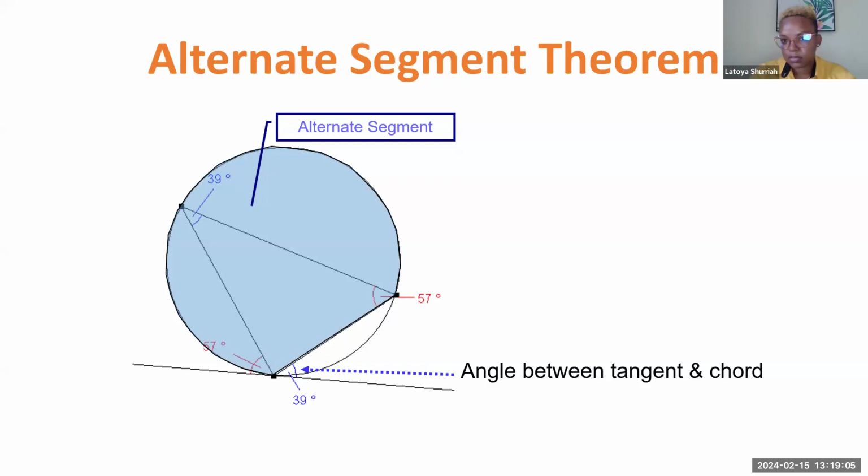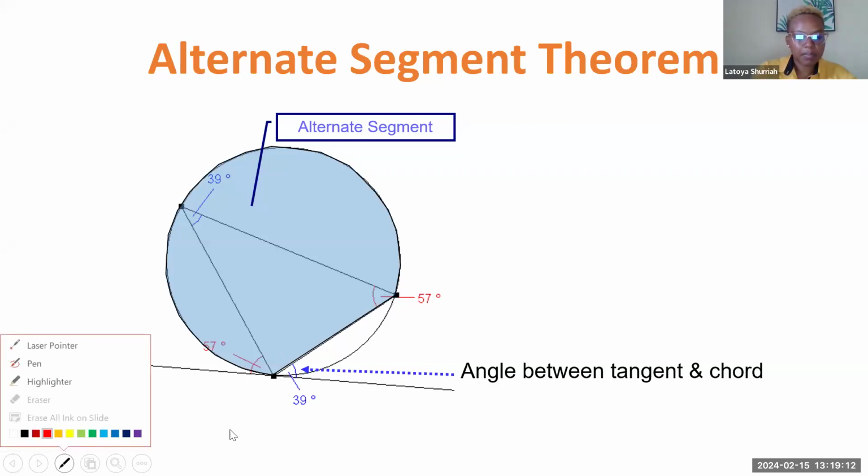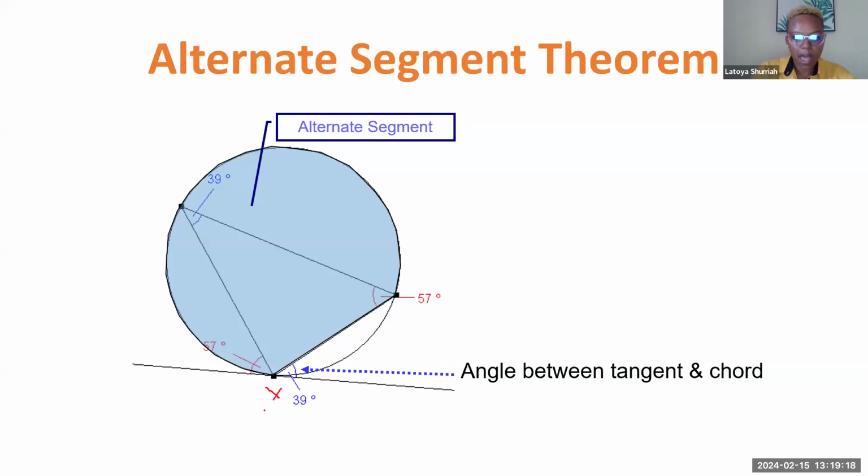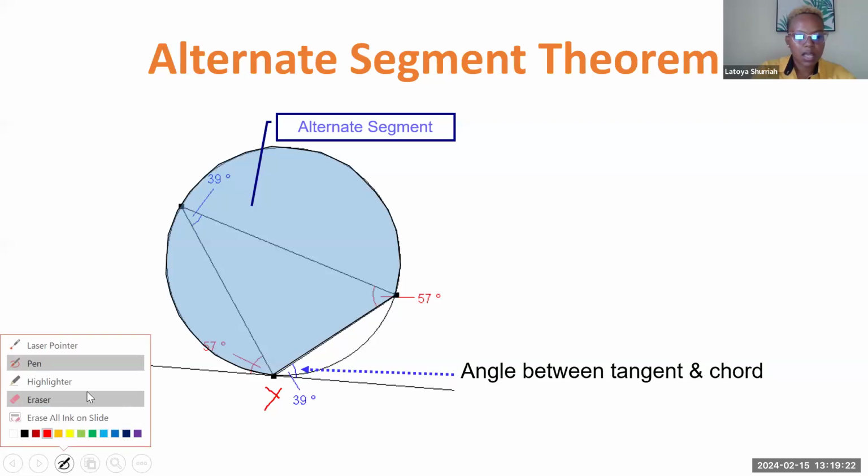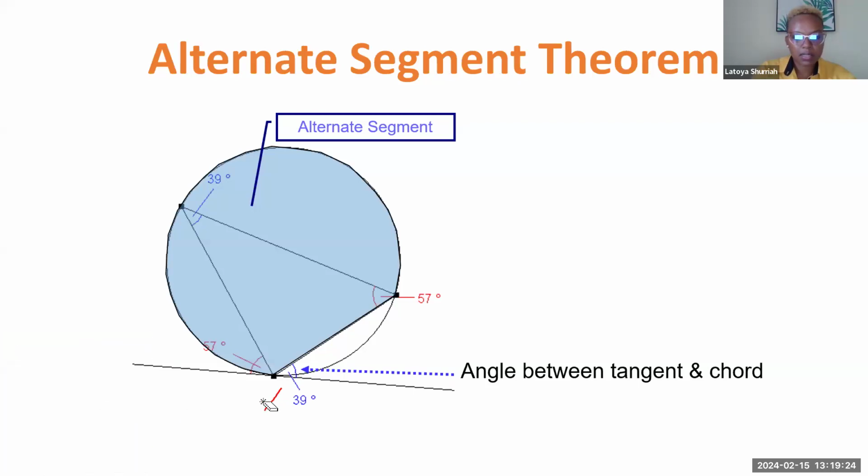Please, can you repeat that? When you have an angle, let me give it a name. As you can see with the arrow, I'm going to call this angle Y. That's not where the angle is.